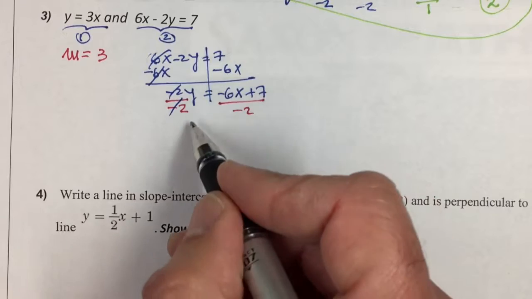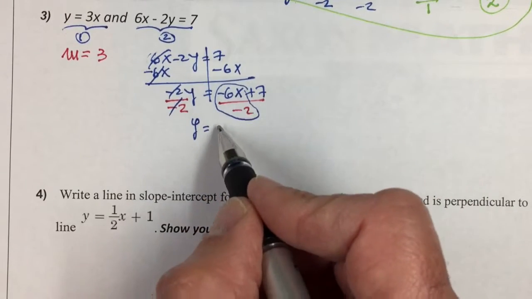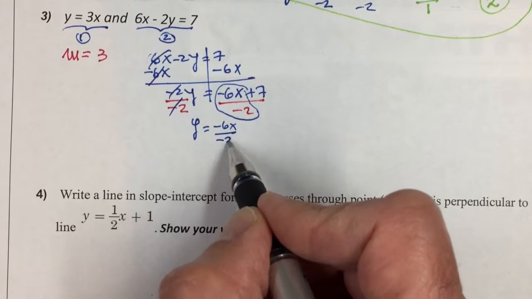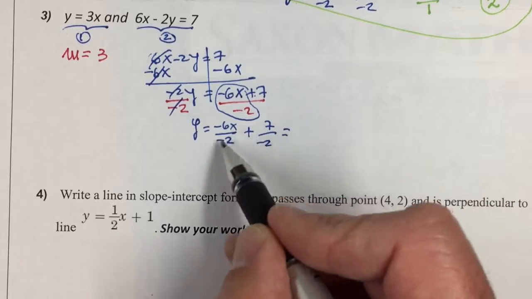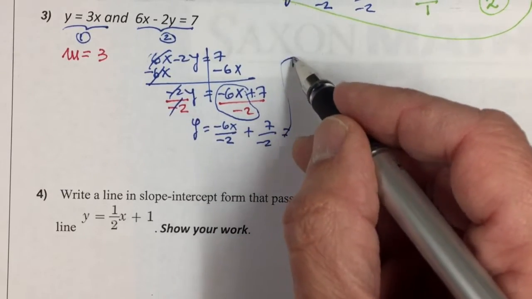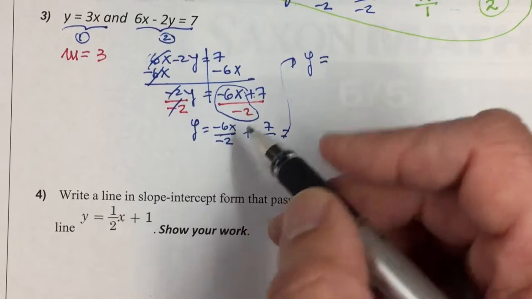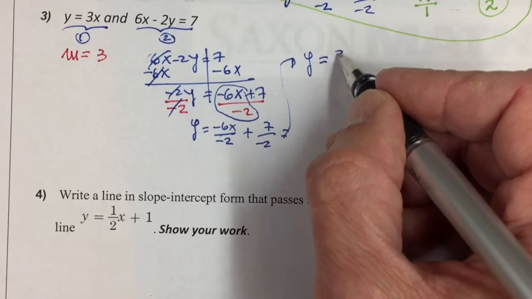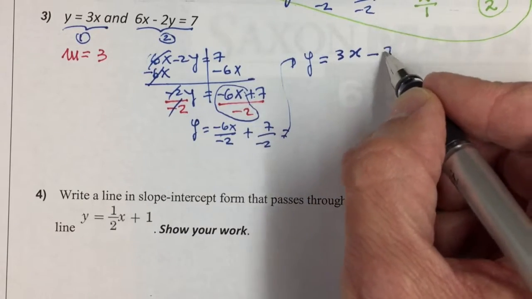Then this goes away, and y equals negative 6x over negative 2 plus 7 over negative 2. Let's work a little bit with this. I'm going to rewrite it here. Y is going to be equal to negative 6 over negative 2, which is positive 3x, plus and minus is minus 7/2.